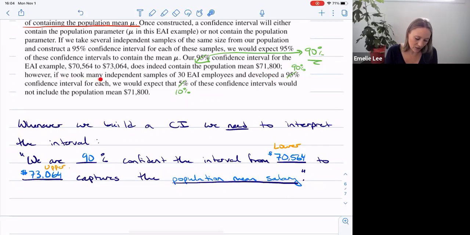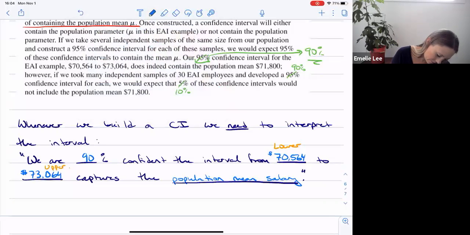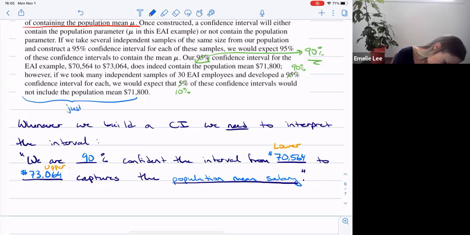Right, but if we took many independent samples of 30 employees and we developed more 90% confidence intervals for each of those samples, then we would expect that 10% of those would not include the population mean, right? Just by random chance.